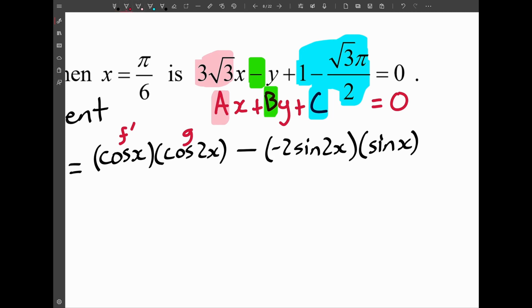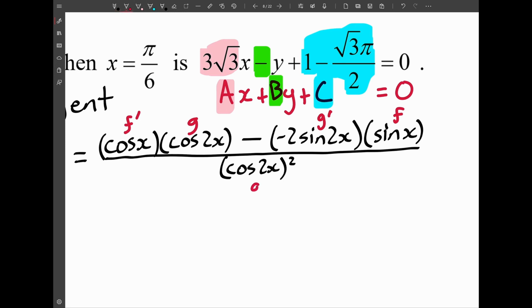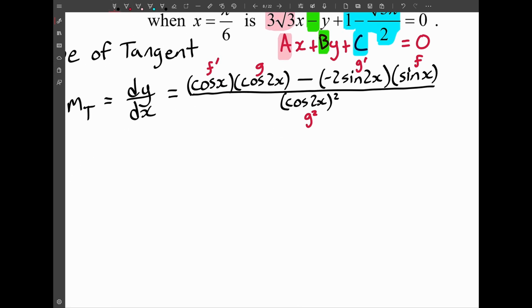And that's our g prime and our f. Then we divide that whole thing by g squared, which is cosine of 2x all to the power of 2. So that's our g squared. So that's just regular quotient rule.